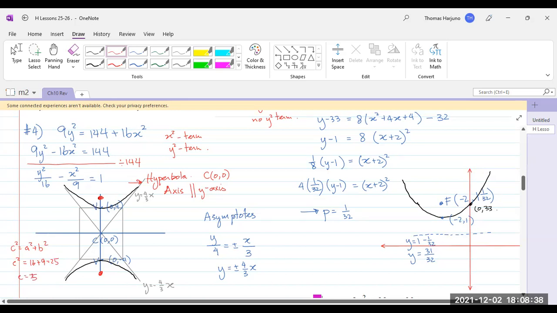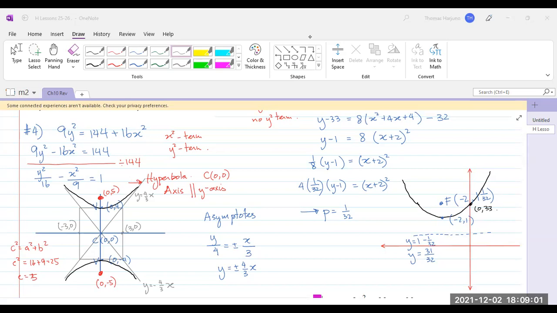That's 5 units up and down from the center. You may want to put some details that this is actually 3, 0 and negative 3, 0.